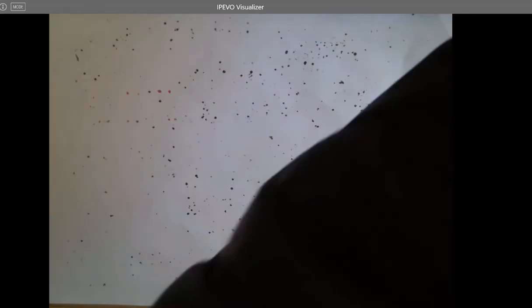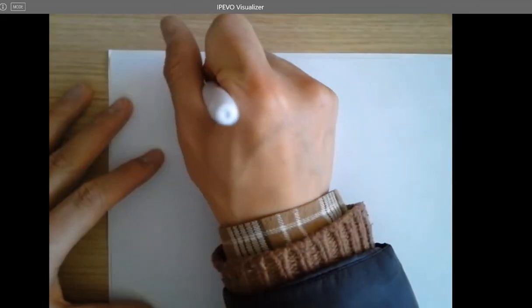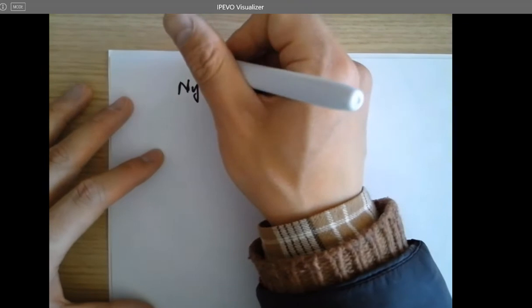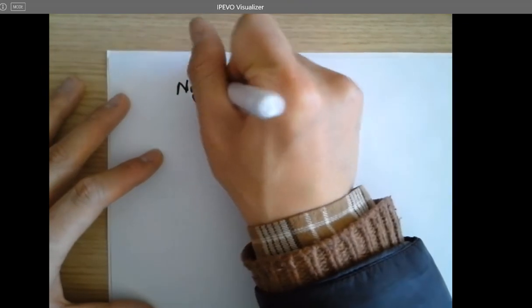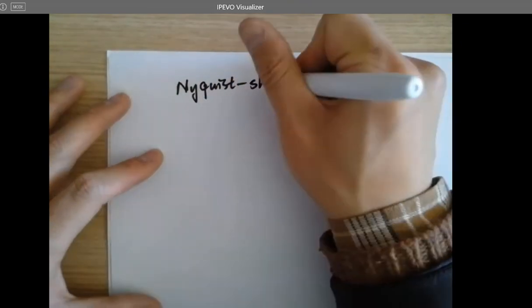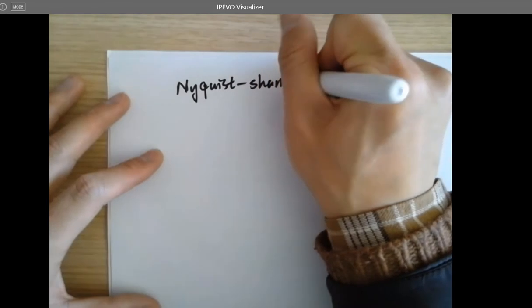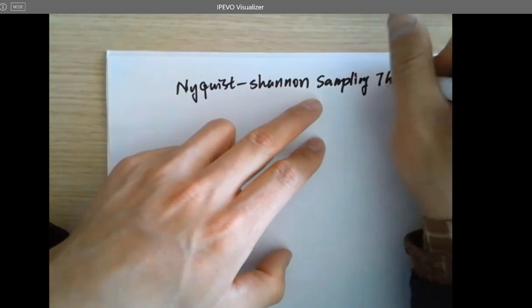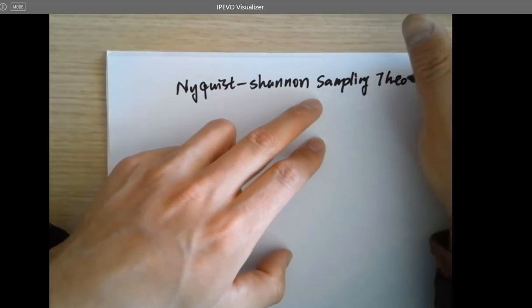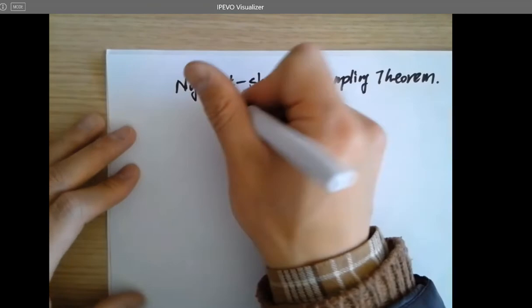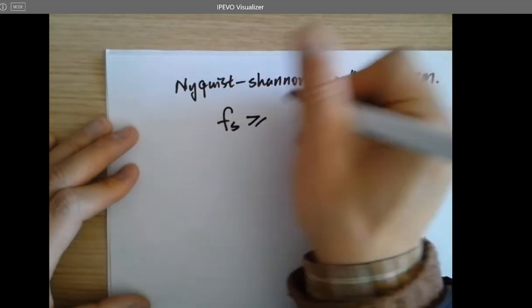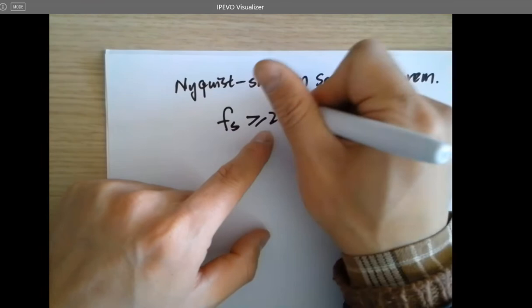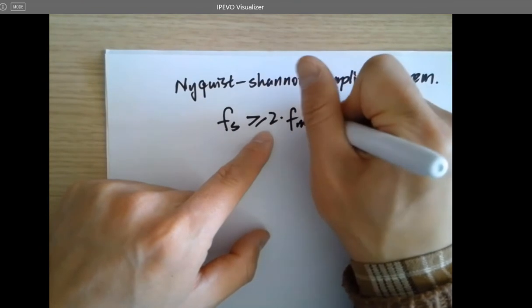Another thing. Oh, here it comes, the Nyquist-Shannon sampling theorem, which is Fs larger than or equal to 2 times the maximum frequency of the signal.